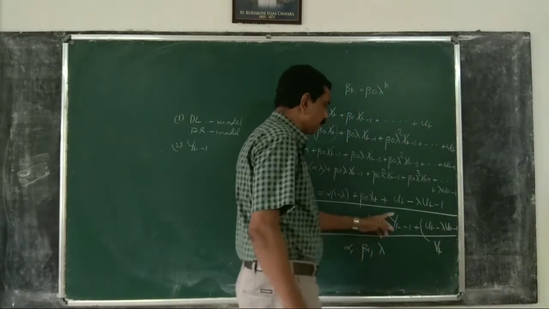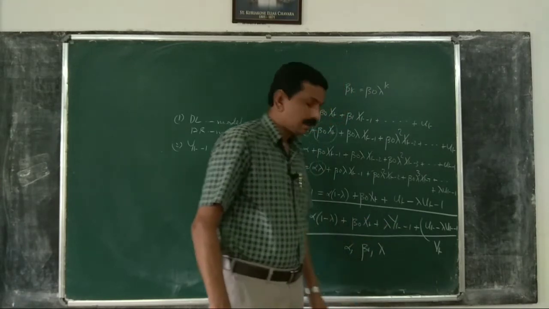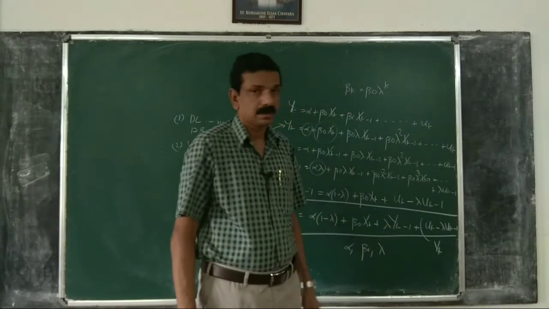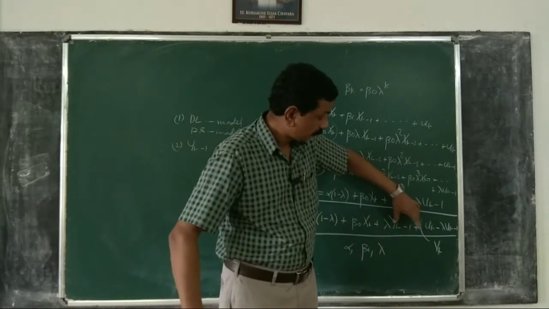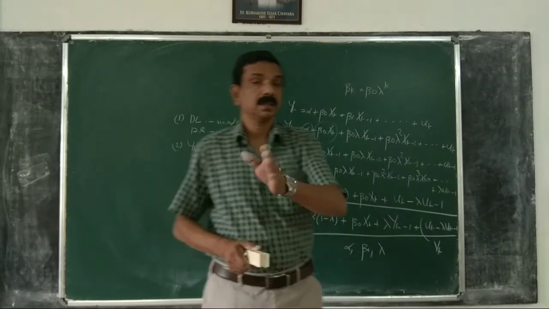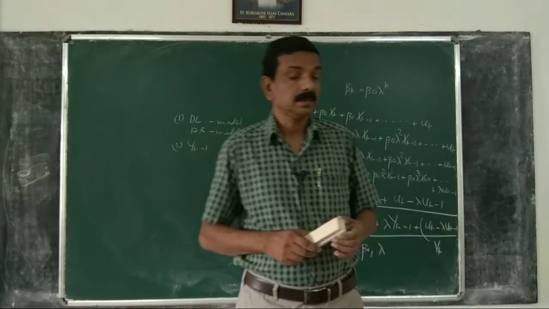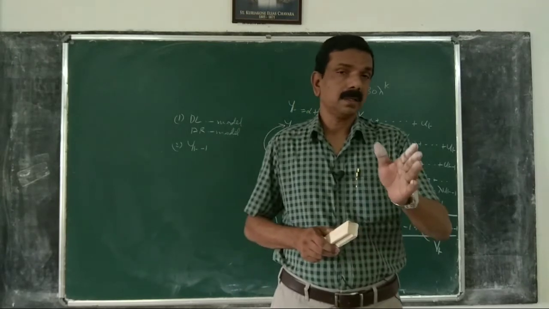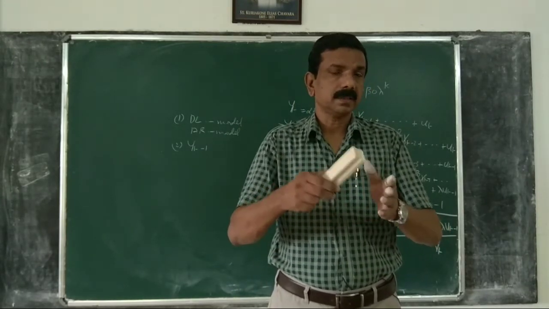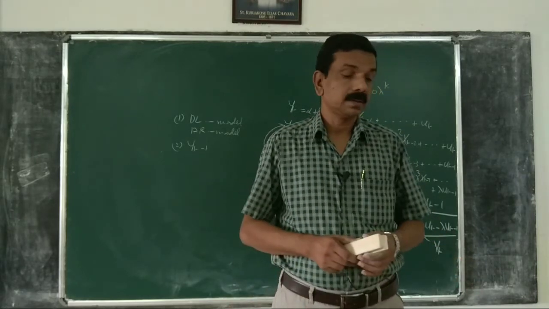But yt minus 1 is there. Since yt is stochastic, yt minus 1 is also stochastic. So there is a possibility that yt minus 1 will be correlated with vt, and it creates estimation problems. So we have to analyze whether yt minus 1 is correlated with the error term vt or not.